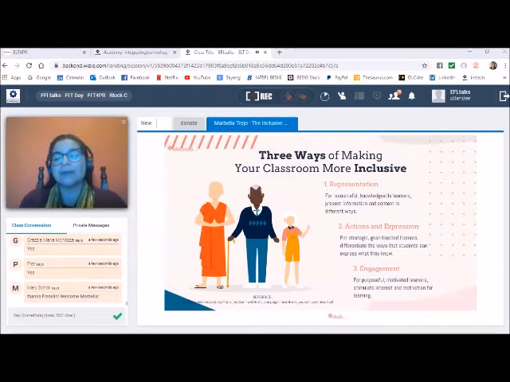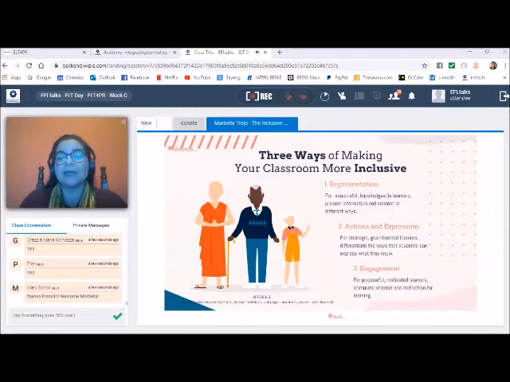How the material is presented, how the information and the content is presented, will help our students feel resourceful, knowledgeable, and more in tune with what is happening in the classroom. Then we have actions and expressions, which basically mean that we can differentiate or adapt the different ways that students express what they know, how they can demonstrate what they've learned in the classroom.